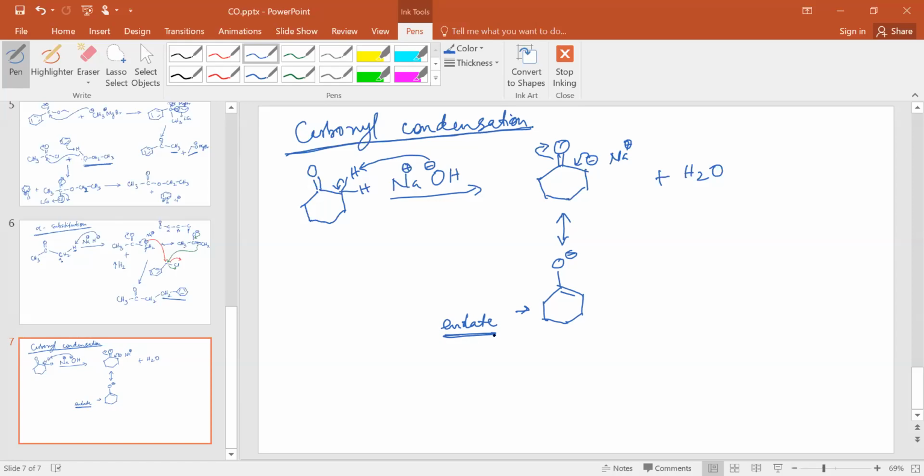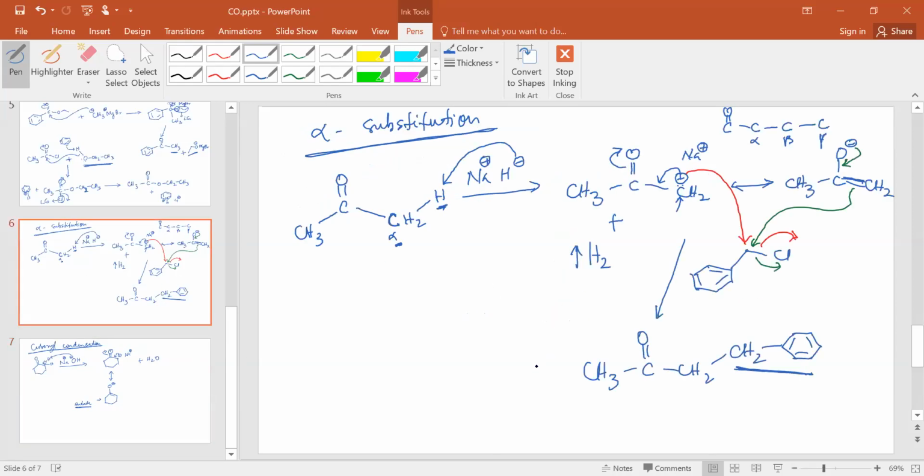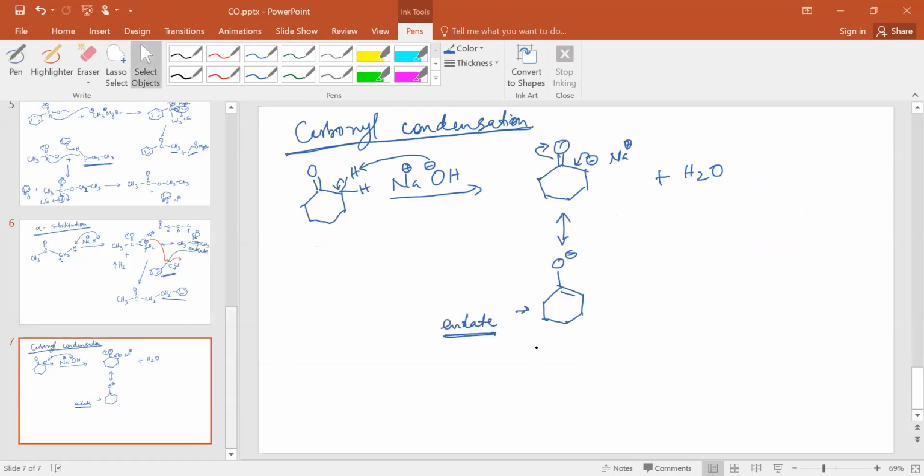If you don't take the electrophile, let's go back to the previous slide. This is the enolate, exactly the same thing up to here. There is no change. When we add an electrophile, it reacts with the electrophile. If you don't add any electrophile, then it will react with another cyclohexanone molecule.